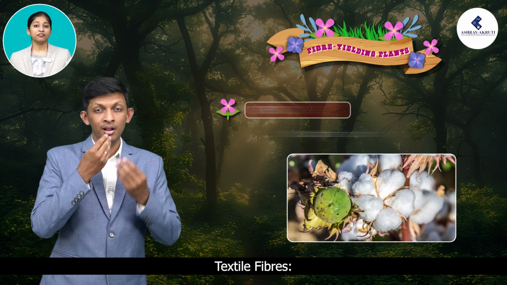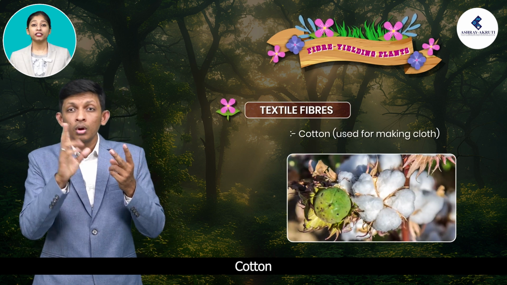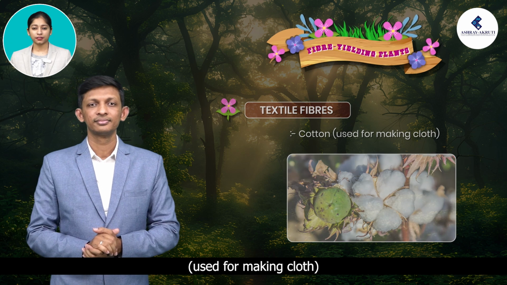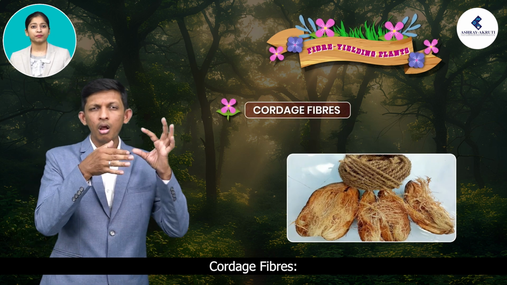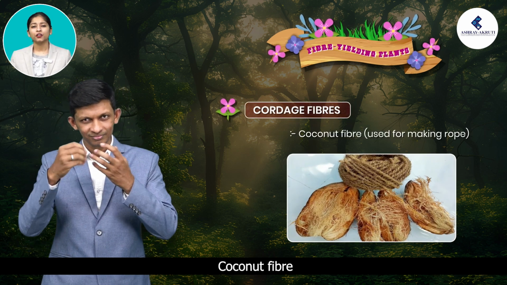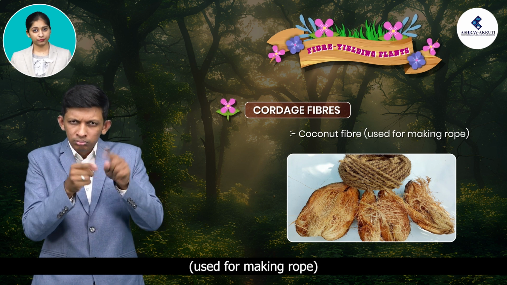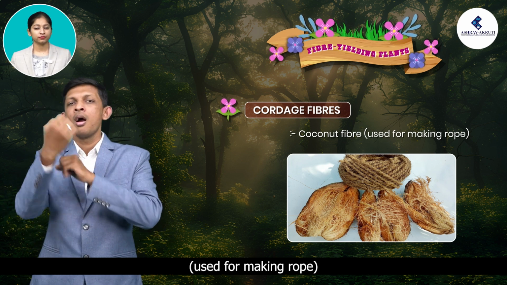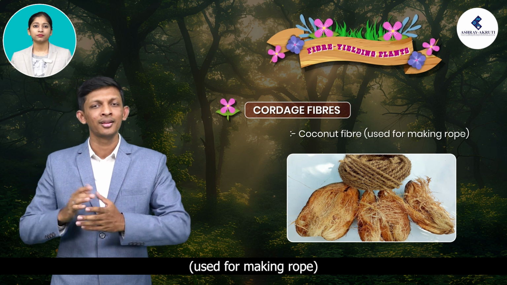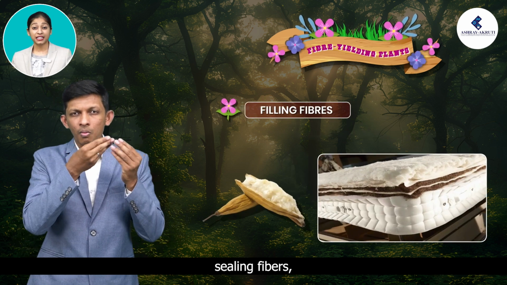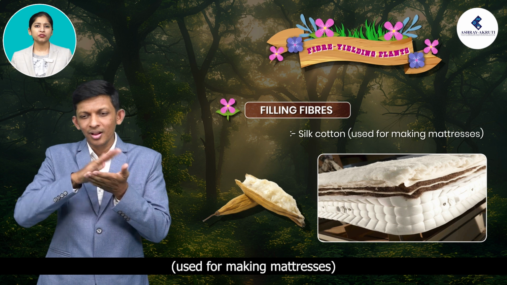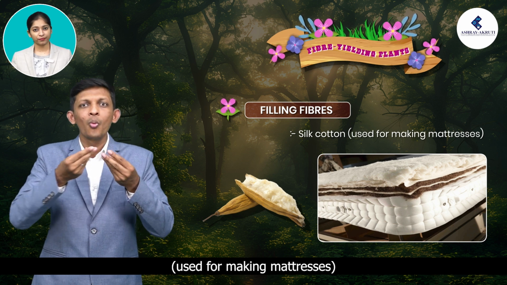Based on use: textile fibers, cotton, used for making cloth; cottage fibers, coconut fiber, used for making rope; filling fibers, silk cotton, used for making mattresses.